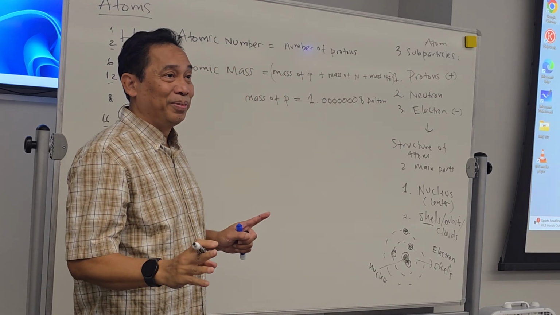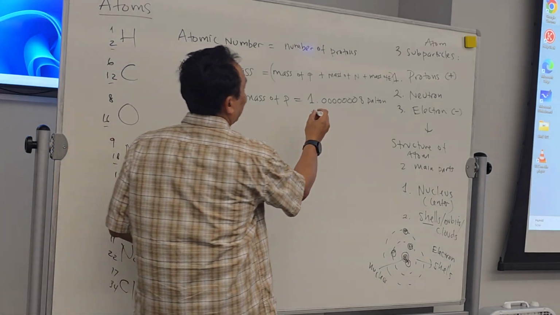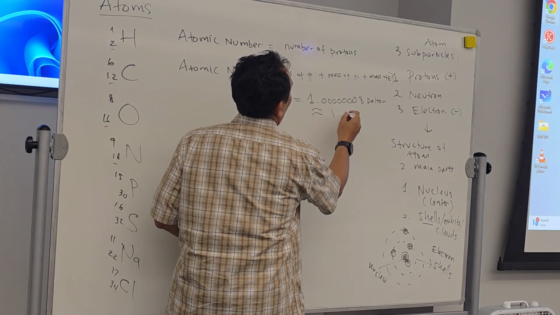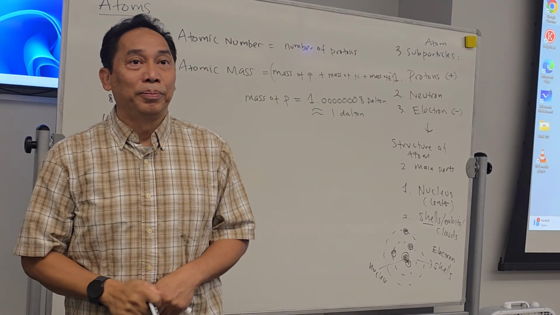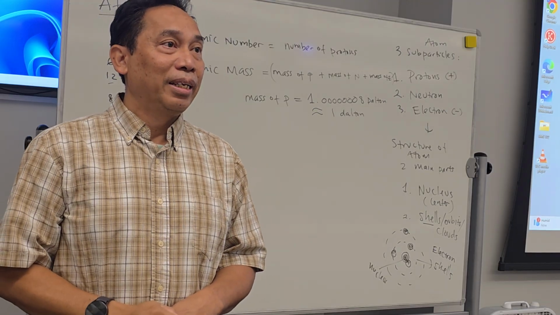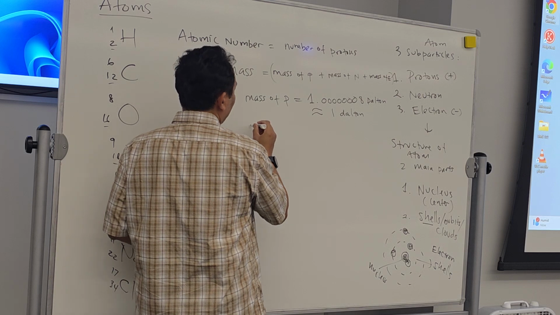Get it? Because 1.00000, they usually say that this is around 1. So it is 1. Okay. They also measure the neutron.